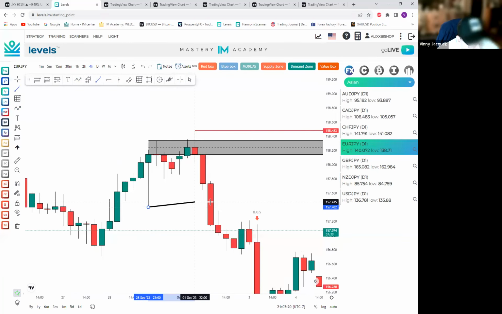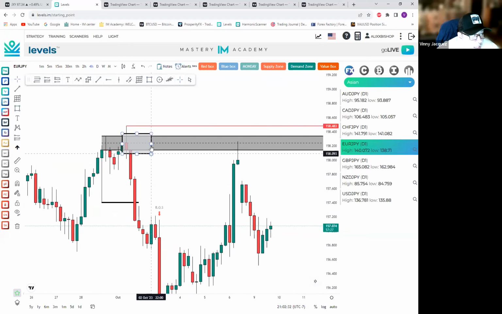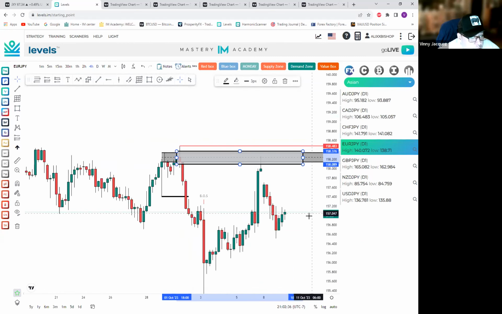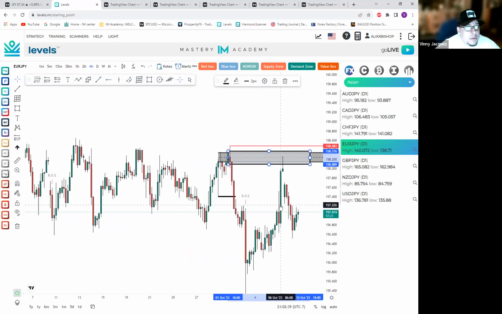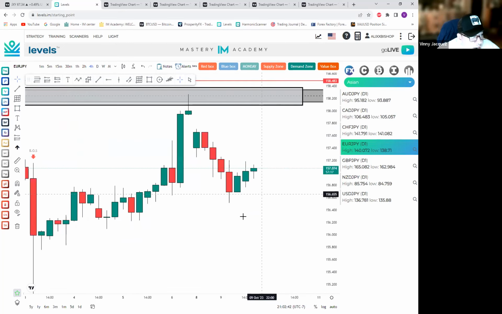Wicks are very important, guys. So boom, we get a rally breakout. This area right here is my supply. This is my starting point, right on top of each other. Boom, market drops.